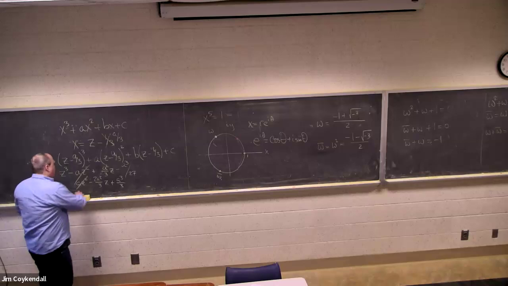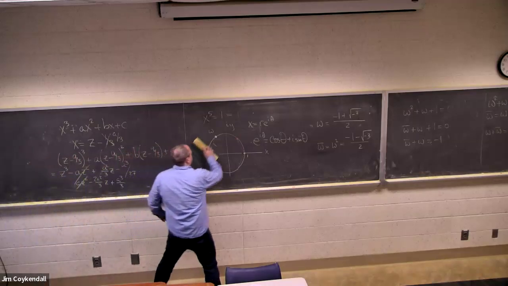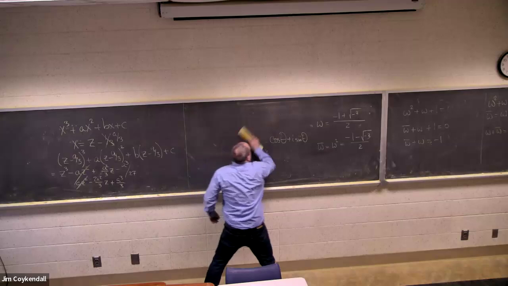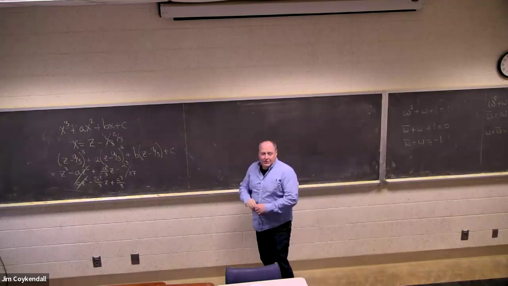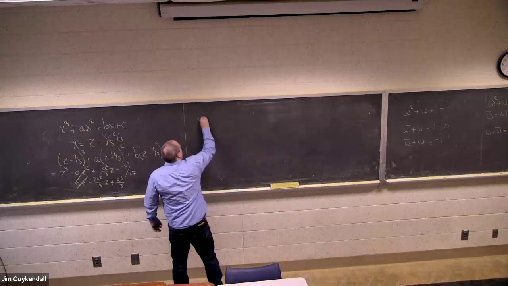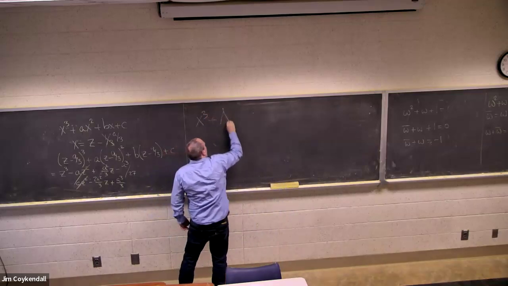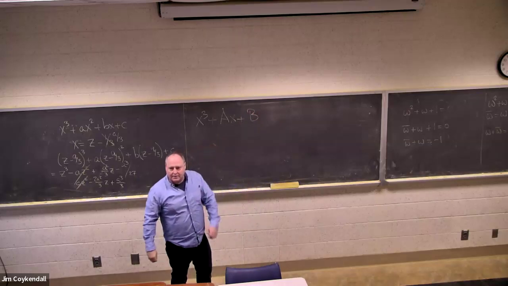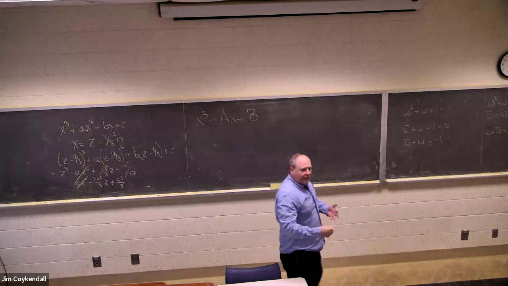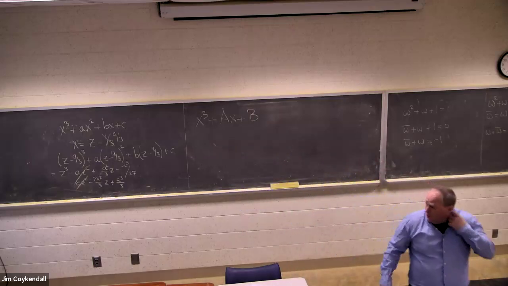That makes my cubic a little bit simpler to deal with. And so I, being a very simple fellow, will deal with a cubic that looks like that. Because I can always do a change of variables to get rid of the quadratic term.